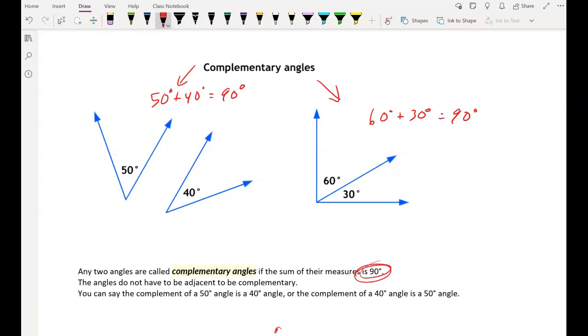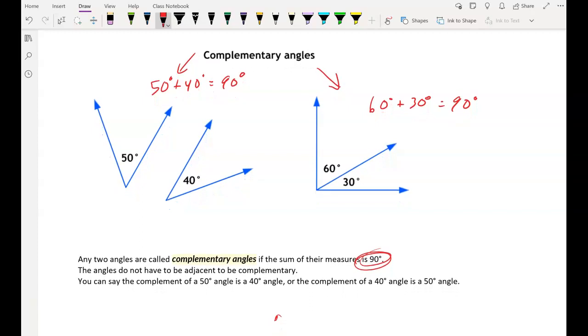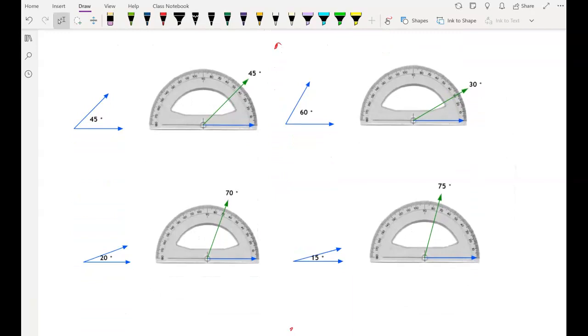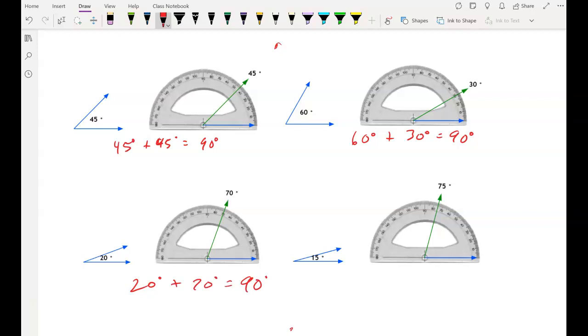The complement of a 40-degree angle is a 50-degree angle. Complementary angles equal 90 degrees. So you can see here's some more pairings of those. 45 degrees plus 45 degrees is 90 degrees. 60 degrees plus 30 degrees, 90 degrees. 20 degrees plus 70 degrees, 90 degrees. 15 degrees plus 75 degrees equals 90 degrees.